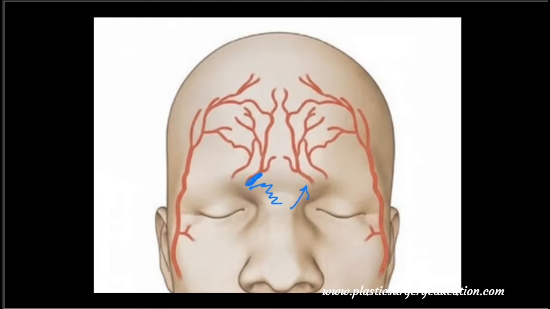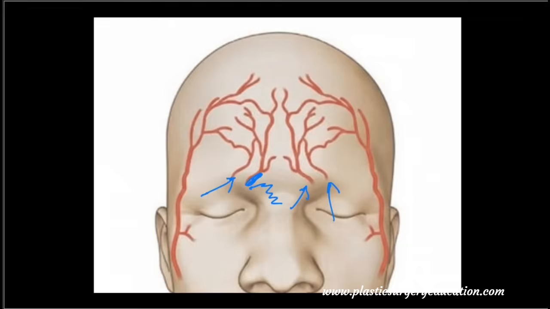Now away from the midline we have the supraorbital artery. The position of the supraorbital artery is roughly around 2.2 to 2.78 centimeters lateral to the midline. It arises from the supraorbital notch.